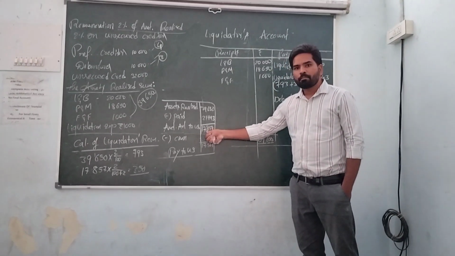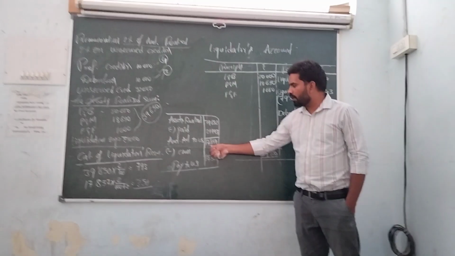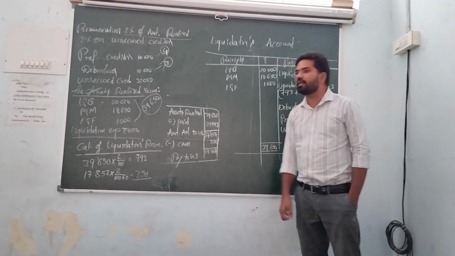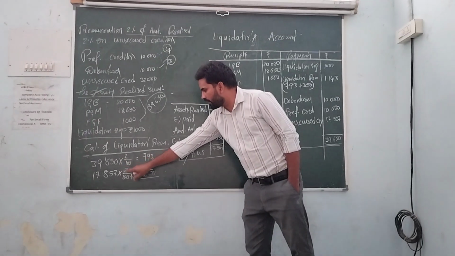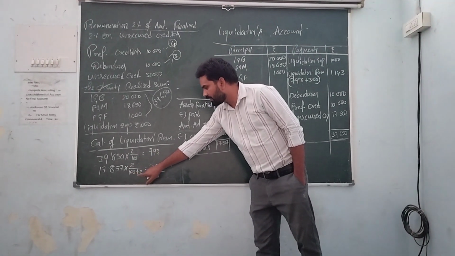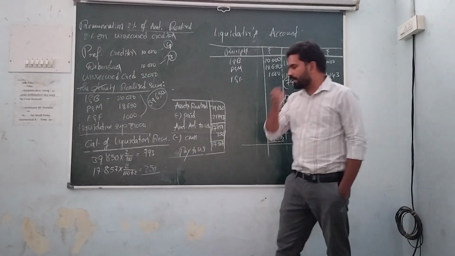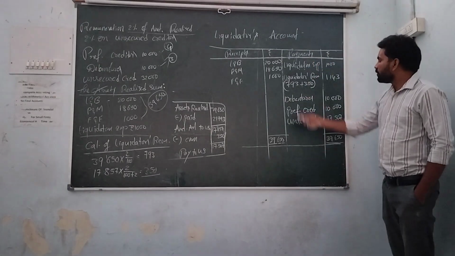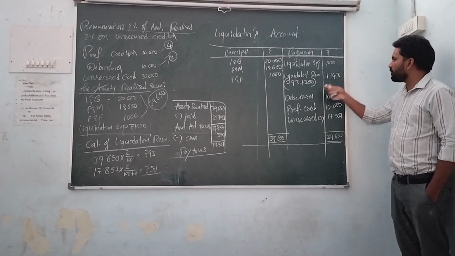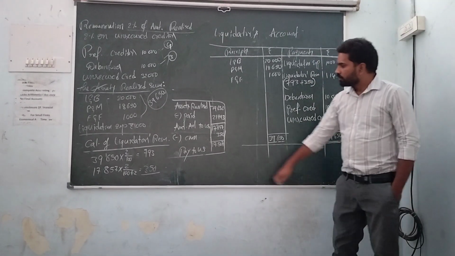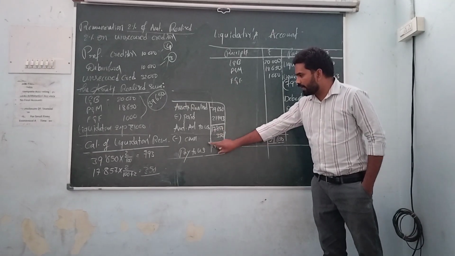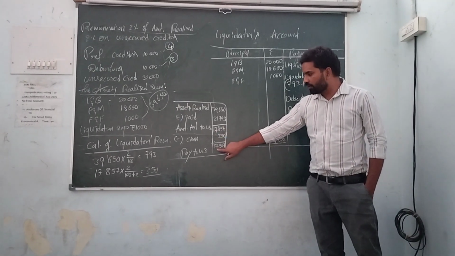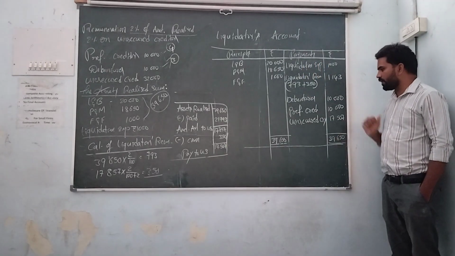Before you pay the unsecured creditors, you have to calculate commission: 17,857 into 2 by 100 plus 2 gives 350 rupees. Add this to the liquidator's remuneration, 350, totaling 1,143. Then deduct 17,857 minus 350, so the net value received by the unsecured creditors is 17,507 rupees.